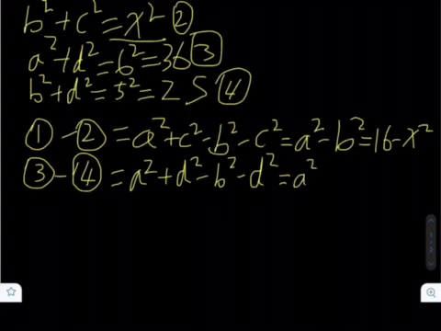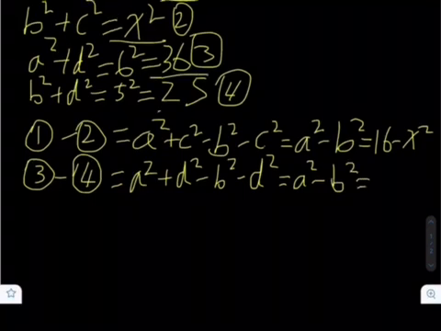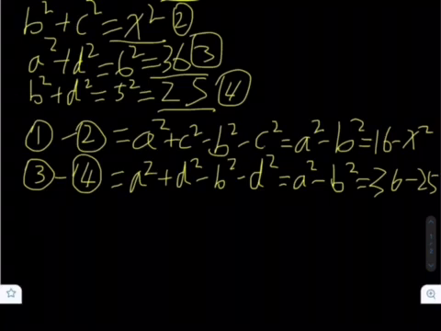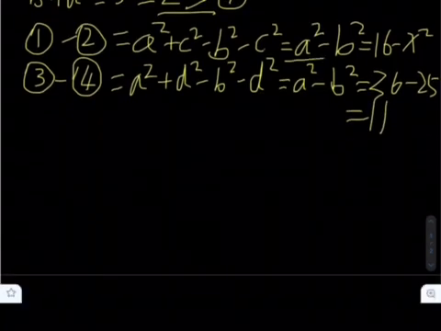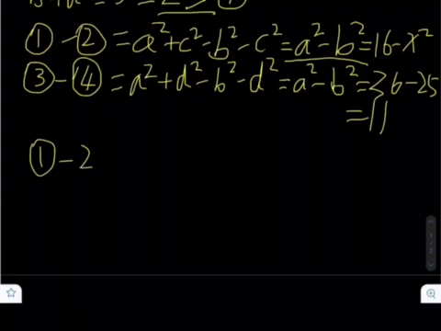So that's A squared minus B squared, which is 36 minus 25, which is 11.